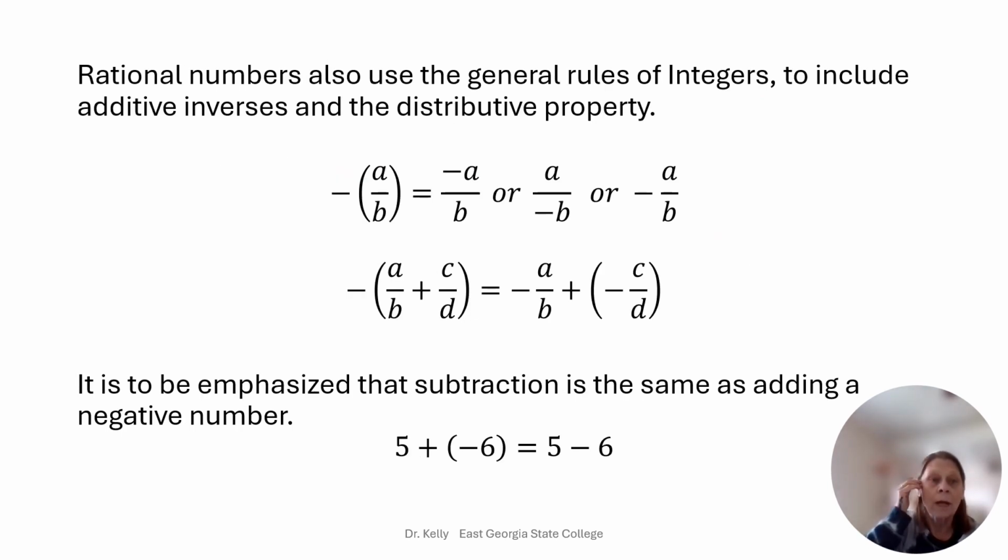Okay, so rational numbers also use all the general rules of integers, so I'm not going to go over all of those rules, but I did want to point out a couple of them. It does include additive inverses and the distributive property.